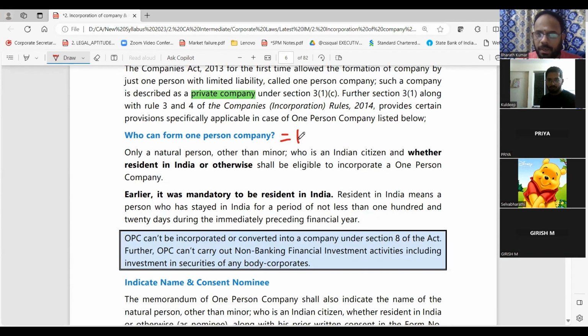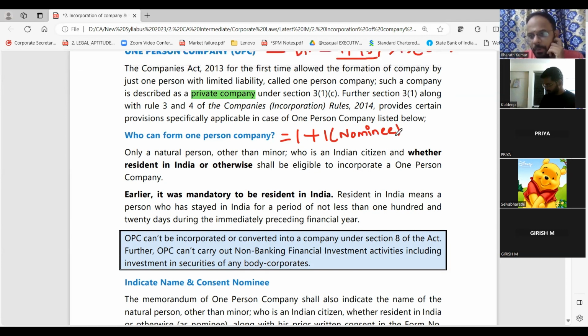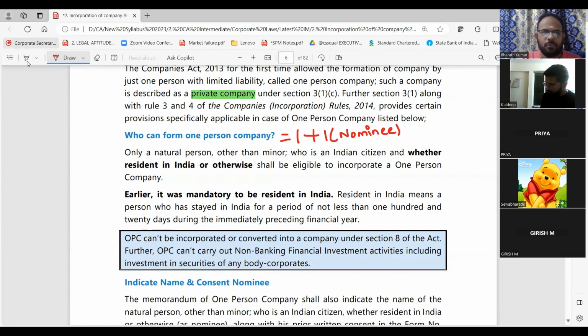There will be only 1 plus another 1 will be there, and that 1 is called nominee. For every insurance or any bank policy documents, you will always have a nominee, because if death or incapacity or insolvency happens, then the second person will become the first person. Nominee. So, see what are the keywords I am going to color.